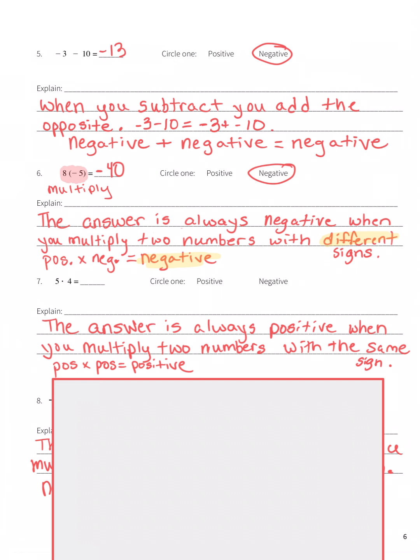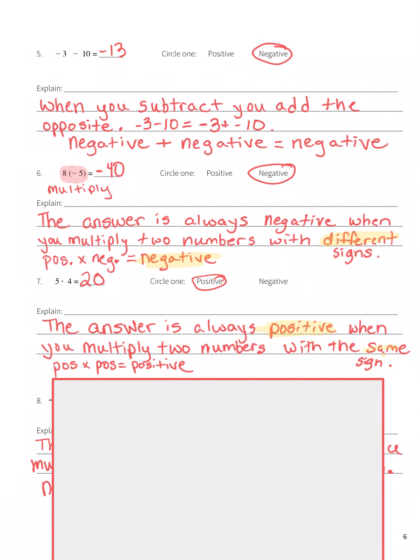Here we go. Here we have 5 times 4, and 5 times 4 is equal to 20, which is a positive number. And why is that? The answer is always positive when you multiply two numbers with the same sign.